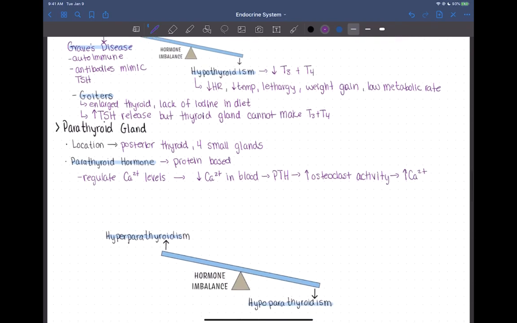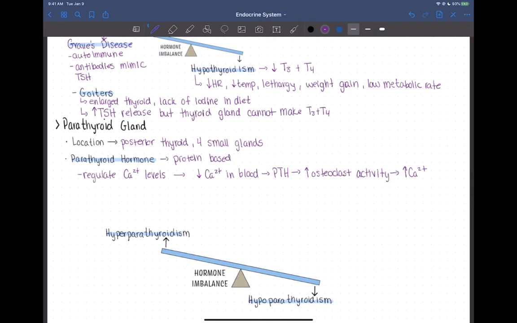In addition to acting on bone cells, parathyroid hormone also acts on the kidneys. And so it promotes kidney reabsorption, moving calcium from the urine back into blood.